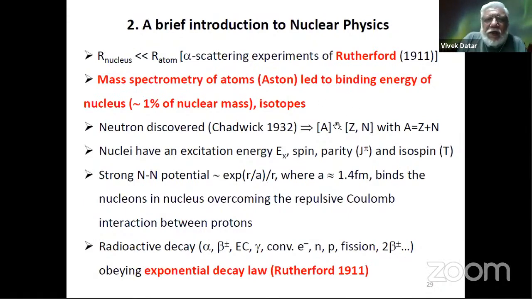The neutron was discovered in 1932, and that helps keep a group of protons together through the so-called strong force. So the neutron and proton interact through strong forces, as also among each other. But the Coulomb force keeps on growing as the charge on the nucleus keeps on increasing.